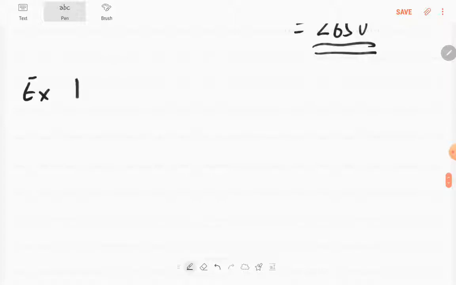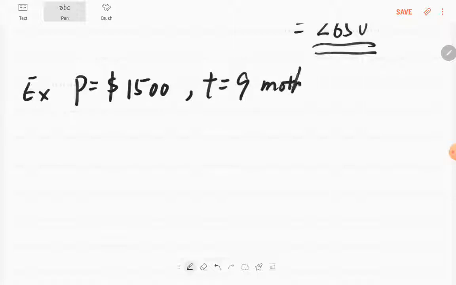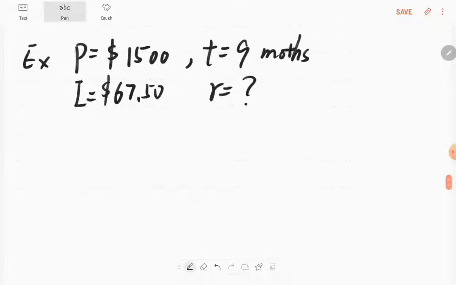Next example: the principal P is 1,500, T is 9 months, and I is $67.50. What is R? What is the annual interest rate?